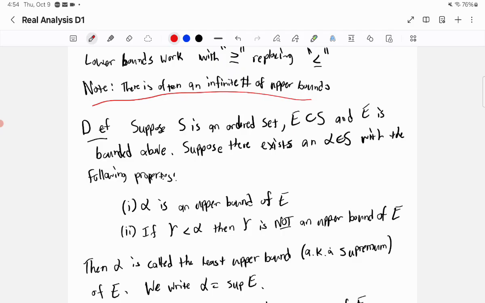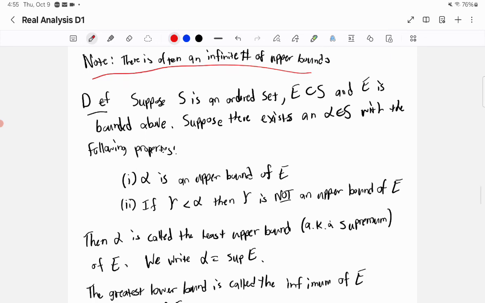Once I choose some number beta and I set that to be the upper bound of this set, then any number bigger than beta, so if we carry it out to infinity, if that set S is, say, the real numbers, then there's actually an infinite number of upper bounds, right?